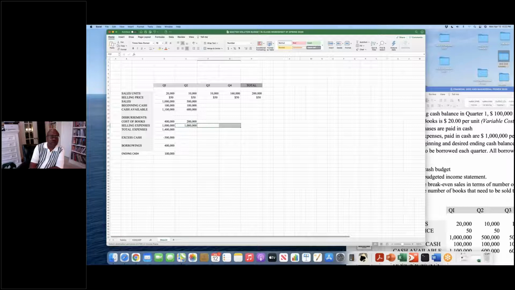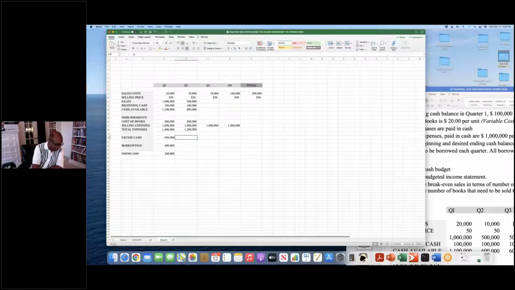Every month, how much we got. So that's like your fixed cost? That's your fixed cost. Okay. So how do we stand now at the end of this quarter? $600,000 available, expenses of $1,200,000.